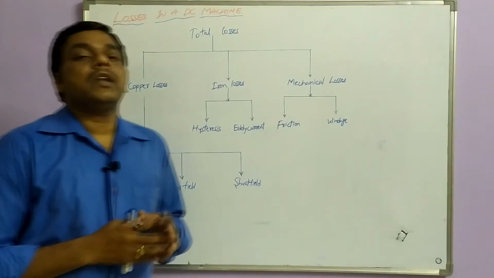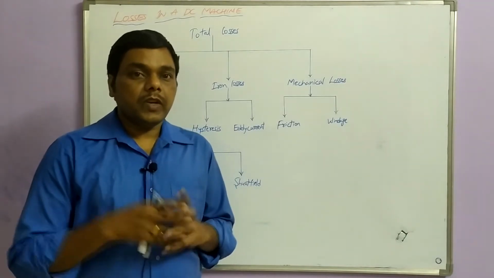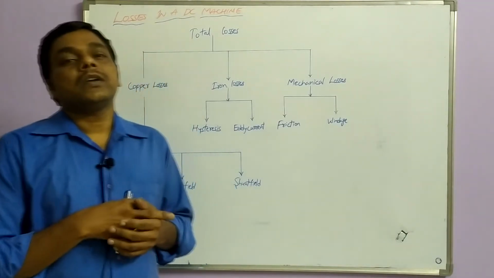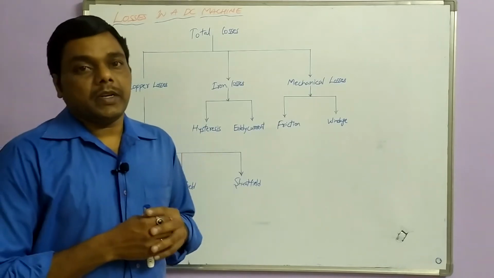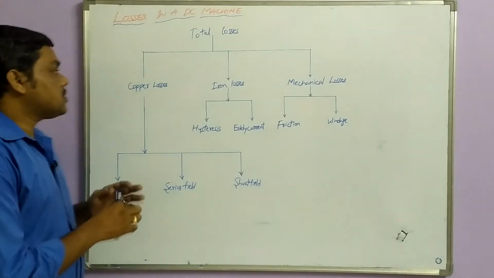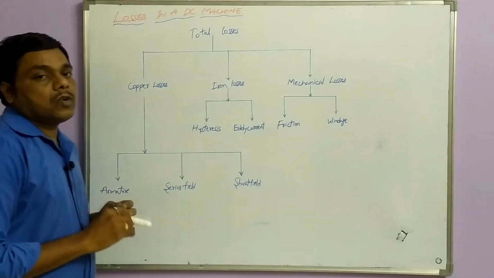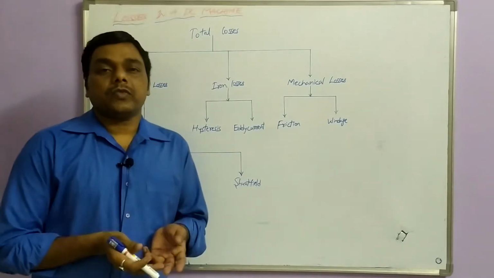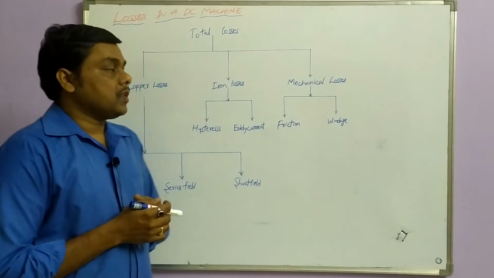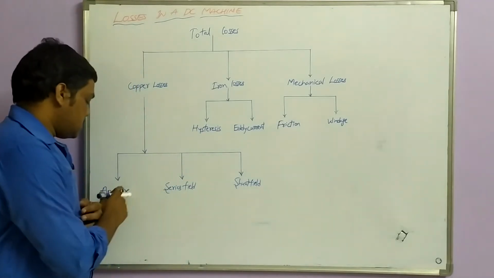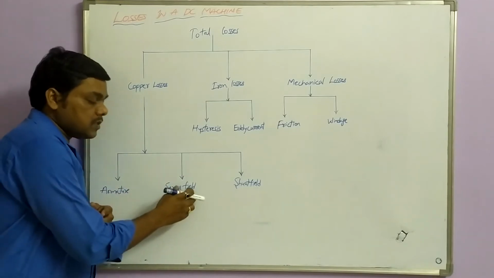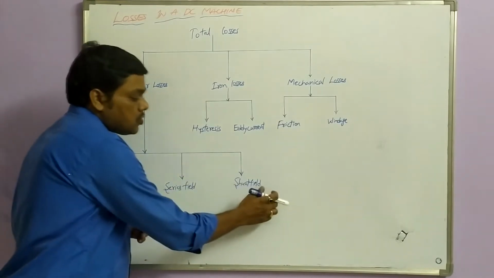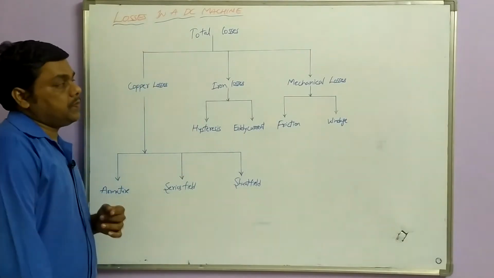Each material has some resistance, so whenever current flows through a winding or conductor, heat will be dissipated. So you can also call these copper losses ohmic losses or I square R losses. These losses occur in the armature winding, series field winding, and also shunt field winding.